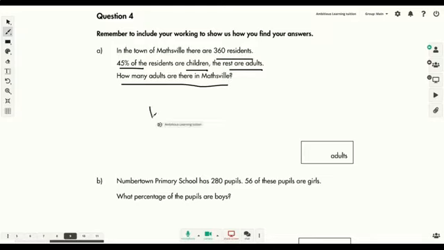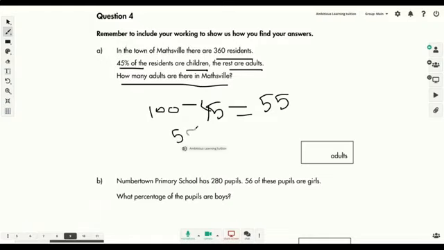So basically you have to do 100% minus 45%, because you know that 45% are children, which gives you 55%. And how many residents are there? There are 360. So you just need to find 55 over 100 of 360.